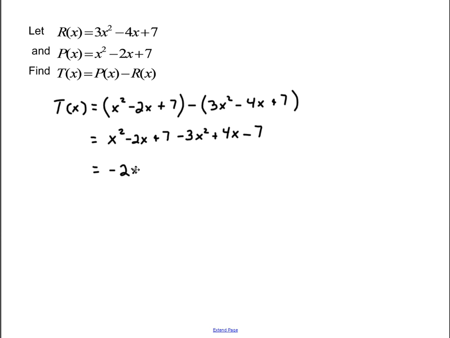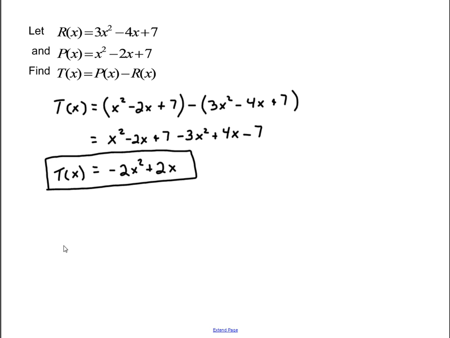It's okay to end up with a negative number as a coefficient. We don't mind as long as it's a real number. We add negative 2x to positive 4x, and we get plus 2x. And if we add positive 7 and negative 7, we get 0. So our function t of x is now negative 2x squared plus 2x, and that would be our answer.